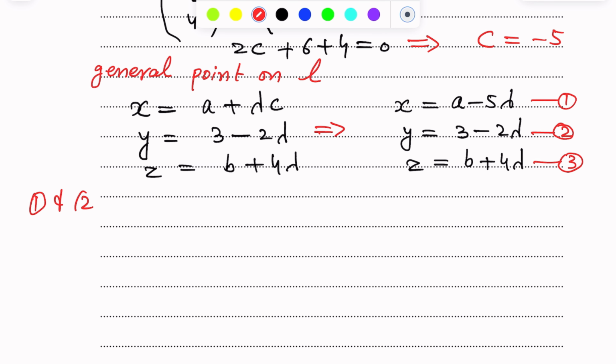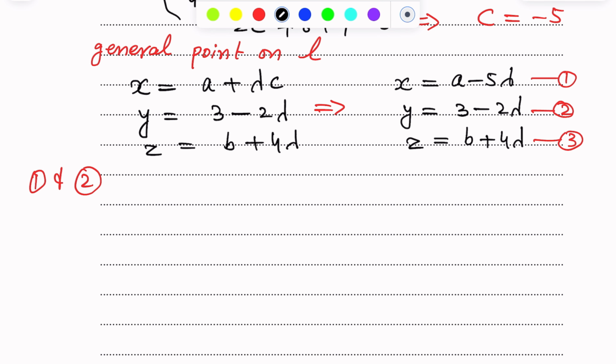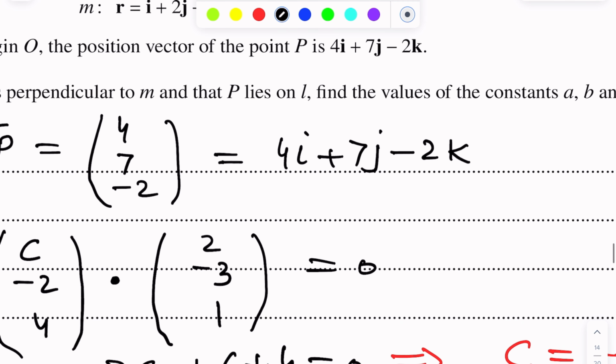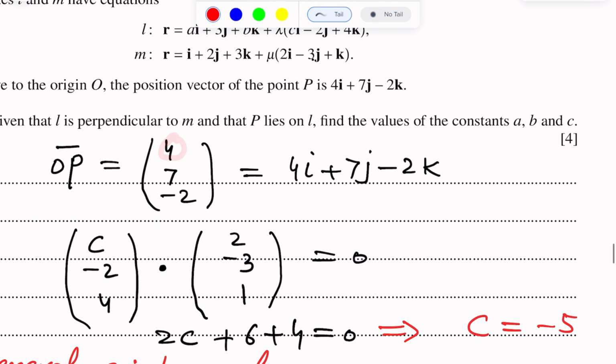Equation 1 and 2 show that, putting the value of lambda, this x is a minus 5 lambda is equal to 4, because the x coordinate of P is 4, y 7, z minus 2.